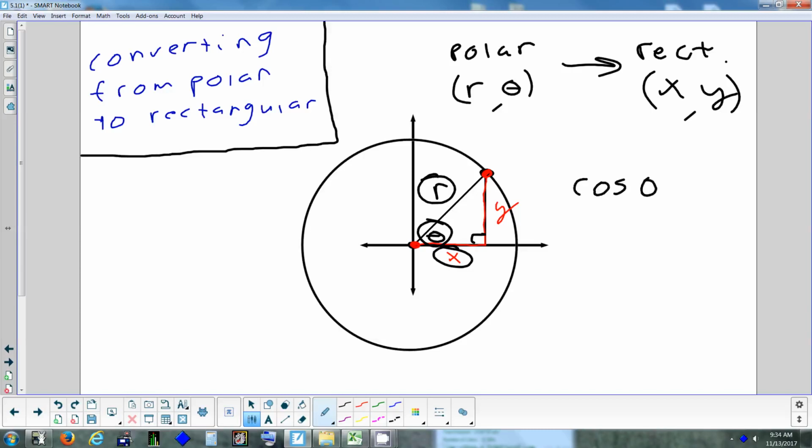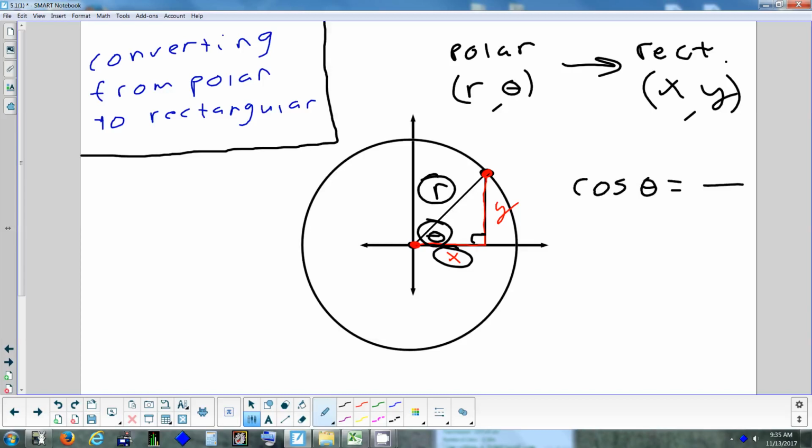So we write down the cosine of our angle equals, and what would be the fraction on the other side? It would be what over what? Remember, cosine is adjacent over hypotenuse.